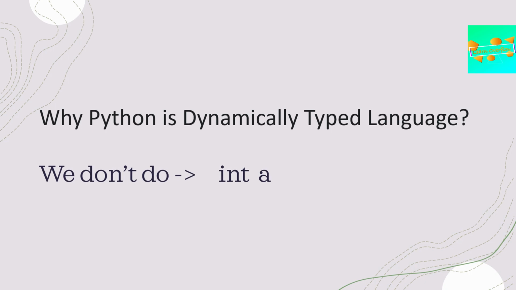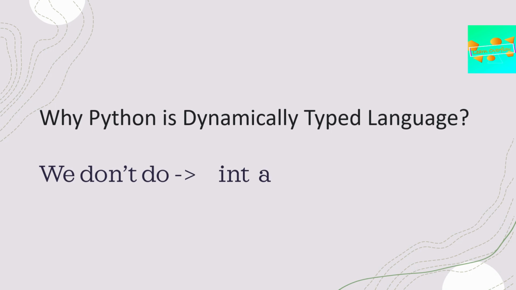In Python, we don't do this kind of thing. In C, C++, or Java, we definitely do. In Python, how do we do that? We directly write a variable and assign a value to it, right? This is what we do in Python. That's the reason Python is a dynamically typed language.